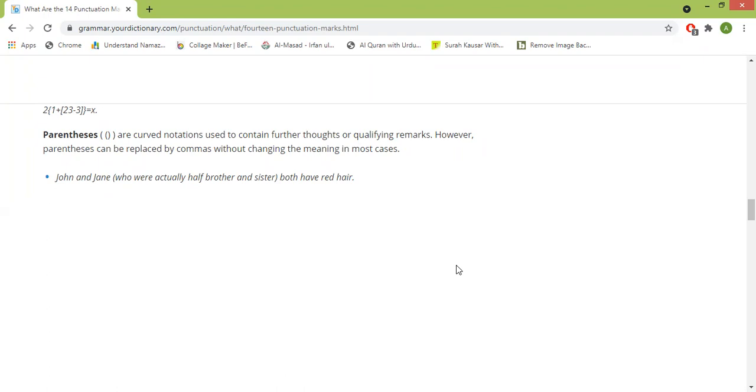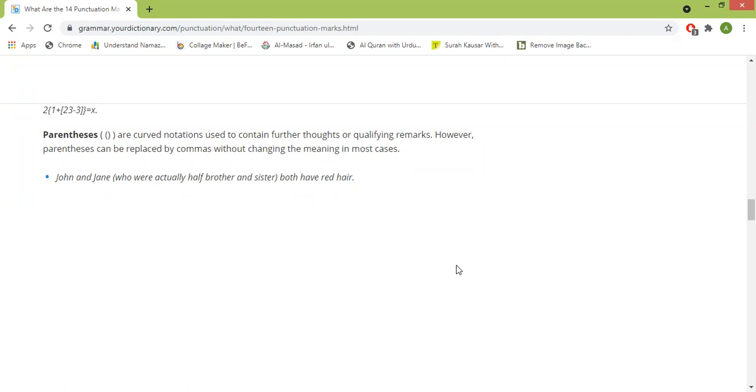For example, sometimes you use parentheses in your dialogues. If you are writing a dialogue between a customer and a tailor, just take this example. So you add parentheses to give extra information. Assalamu alaikum, or we can say that the customer walks in the shop.